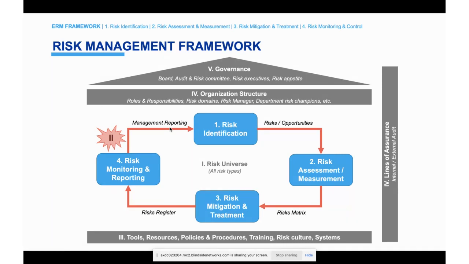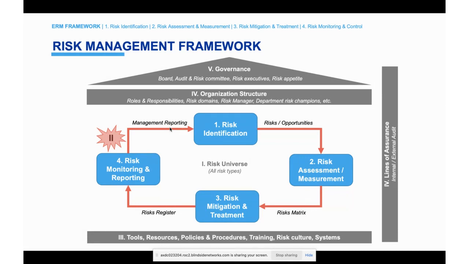In order to do that process, you will need tools, resources, policies, procedures, training, risk culture, and systems in your firm. After that, you will need to set out your organization structure with the roles and responsibilities of each person in the firm in the risk management framework.